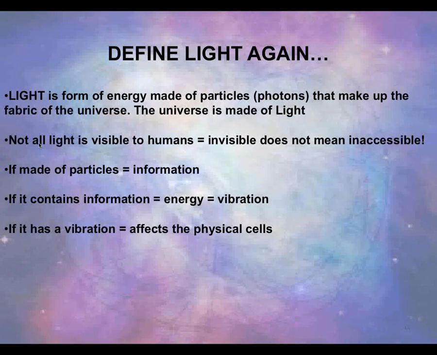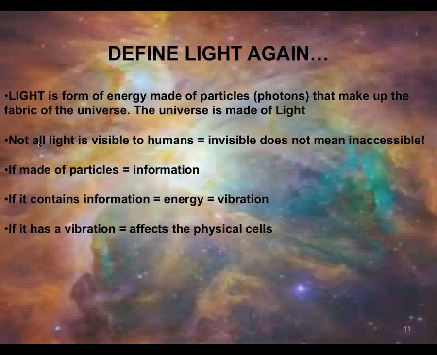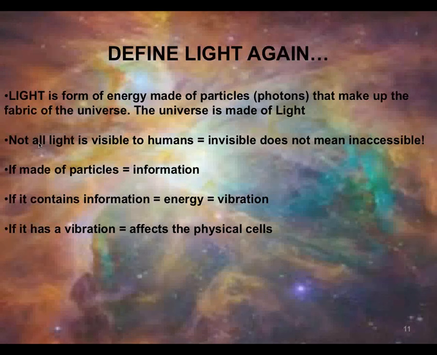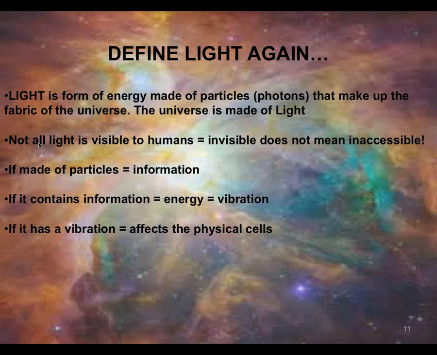I say that a part of our being can only see a portion of cosmic light here on Earth, but because we are universal beings, because we have a consciousness that is universal, and the universe is made with light, therefore we can access the entire cosmic spectrum, whether we see it or not.